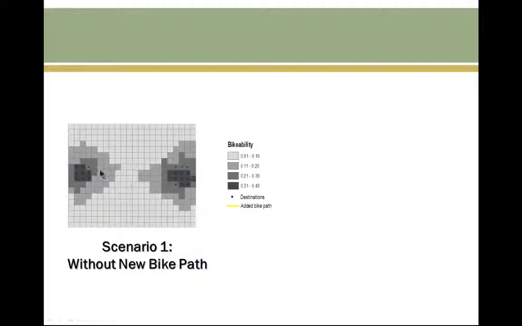Now, depending on whether it was a C or D, you see that the bikeability score is shown in the colors, and there's obviously higher bikeability when you're right close to all of the destinations. But the in-between and on the outskirts, it has poor bikeability.